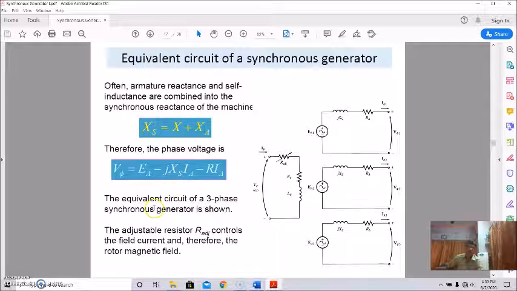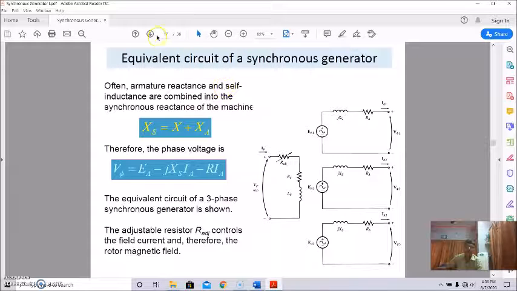The equivalent circuit of a three-phase synchronous generator will be like this, as I told you. This is the armature resistance, this is the armature synchronous reactance, and this circuit is the field circuit. This adjustable resistor is connected to control the field current and therefore the rotor magnetic field.